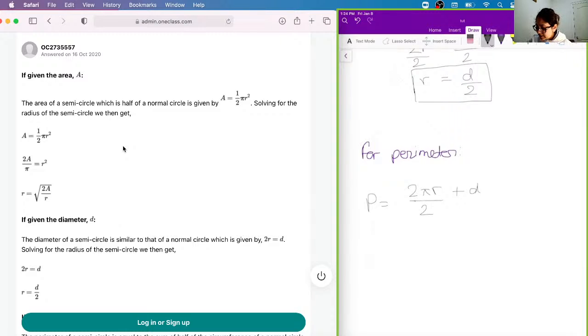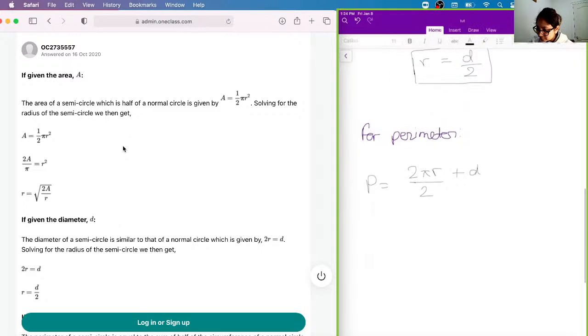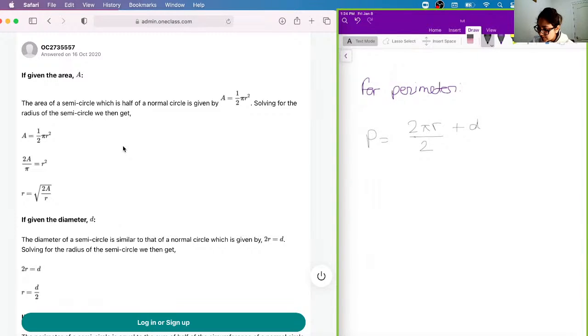To isolate r in this case, we can further simplify this equation by getting rid of the 2 here.